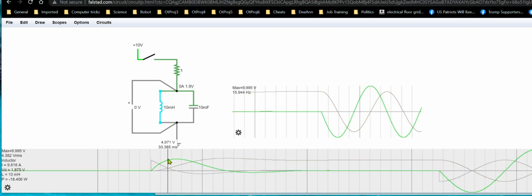Now the inductor, on the other hand, has this current curve right here, so the inductor is starting to slowly charge its field, and it does that with ever increasing currents. Current starts at zero. Unlike the capacitor, whose current starts at 100%, it starts at 0% on an inductor.